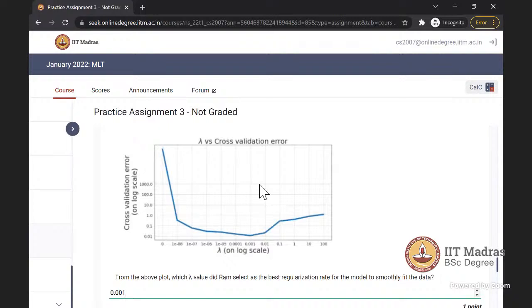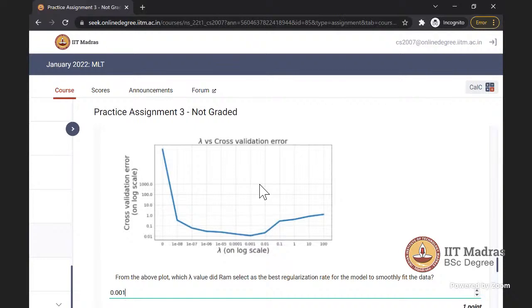See, the objectives of finding a good value for lambda and a good value for alpha, which is the learning rate, are different. For lambda, the regularization rate, it is going to be part of the final predictions.